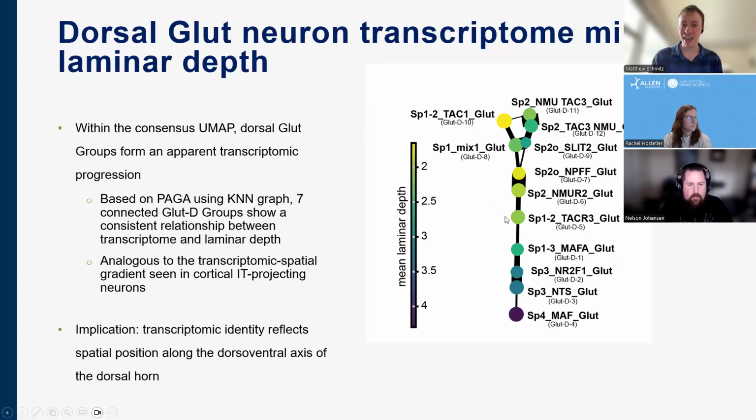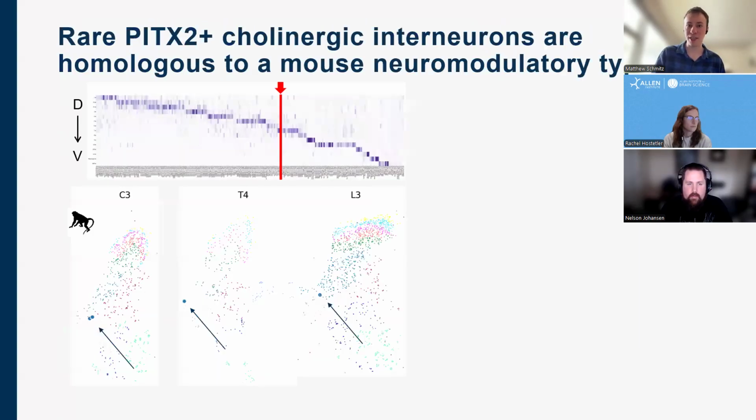And then it breaks down and bifurcates in lamina 1 and 2. So that's an interesting collision between taxonomy, transcriptome, and spatial location.